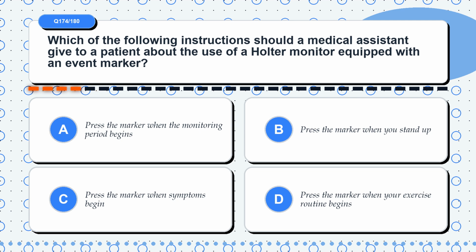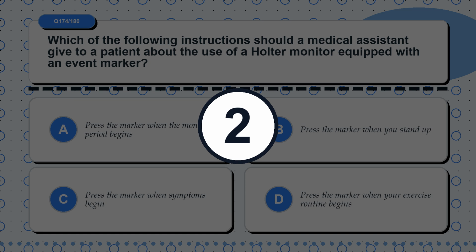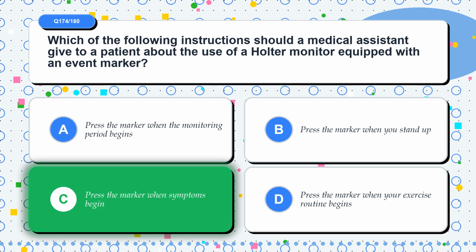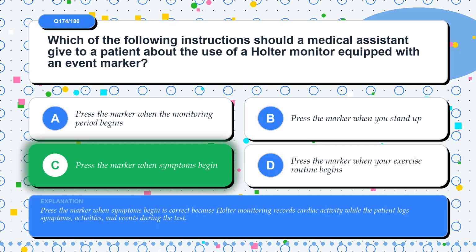Option D, press the marker when your exercise routine begins. The correct answer is option C. Press the marker when symptoms begin is correct because Holter monitoring records cardiac activity while the patient logs symptoms, activities, and events during the test.